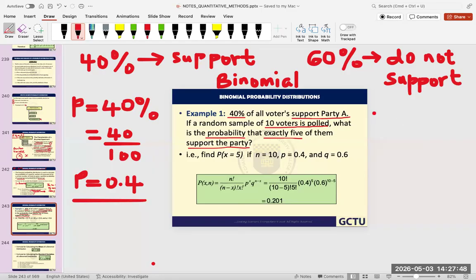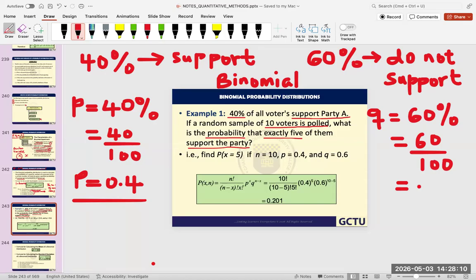So that is probability of failure, which is represented by a lowercase q. 60% is also the same as 60 divided by 100. And this, your calculator will give you 0.6. Hence, we can say that our q in the question is 0.6.